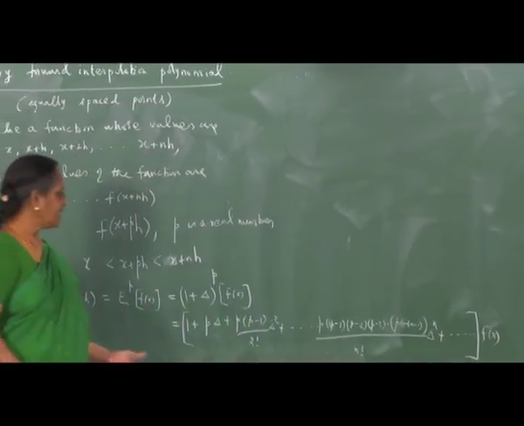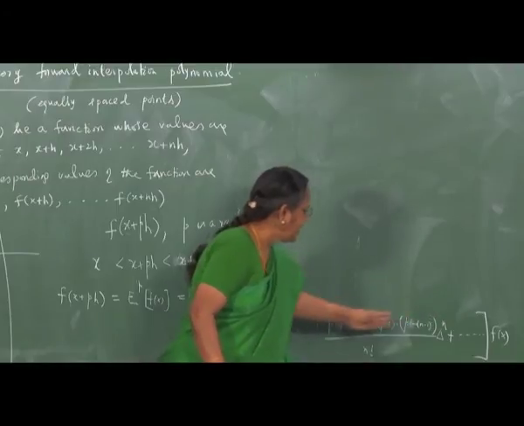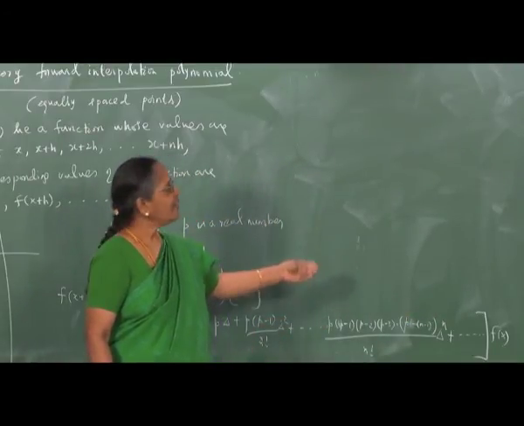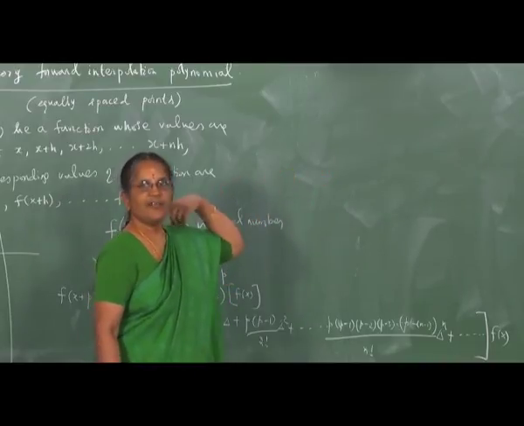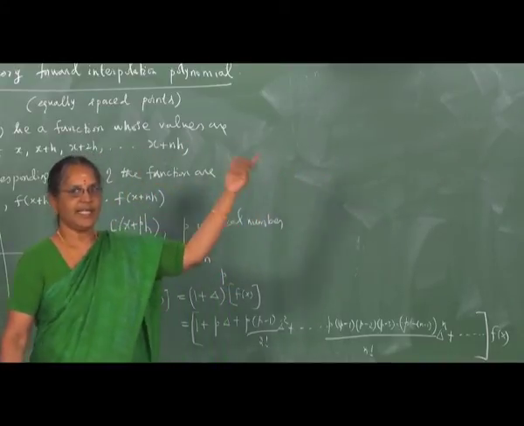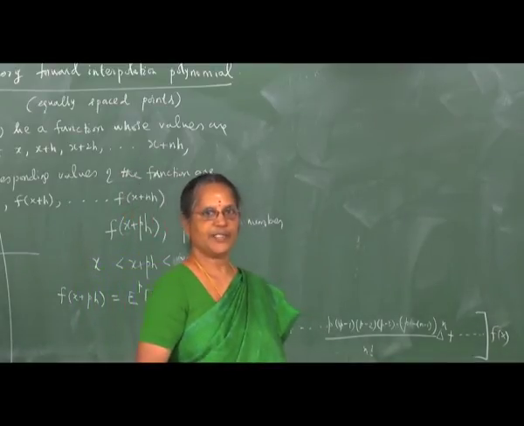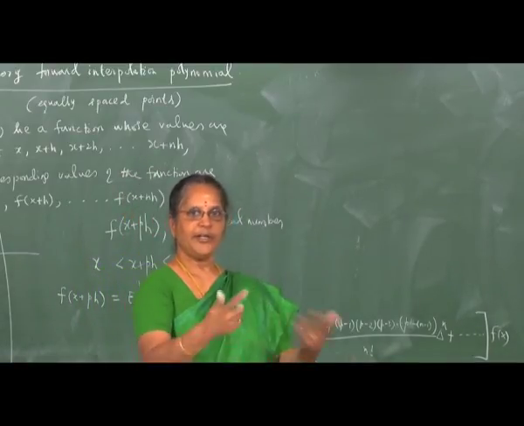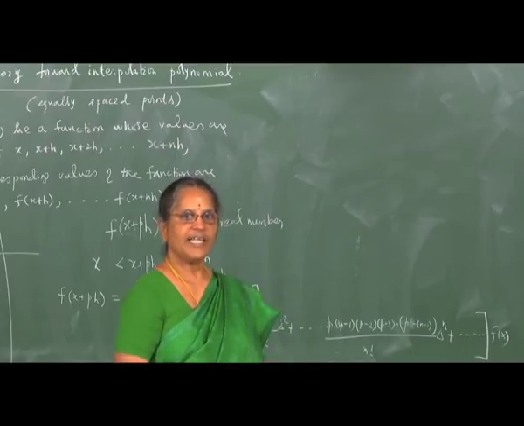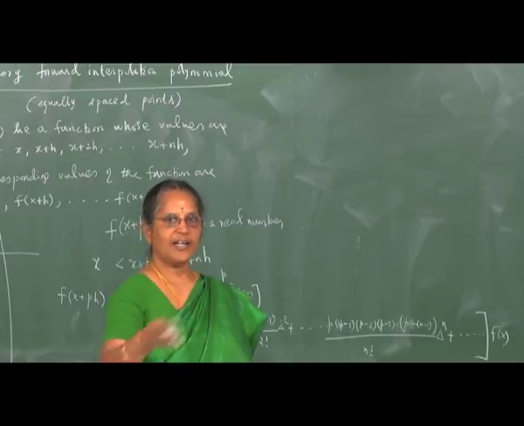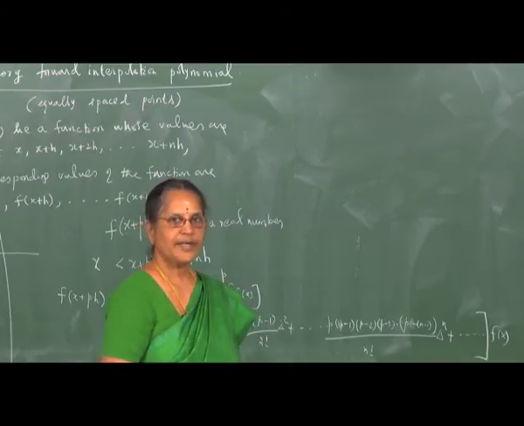So, the question is, how many terms will appear in this expansion? We have already seen from our forward difference table which we formed for a set of 5 values that we can fit a polynomial of degree 4, and the 4th order forward difference is constant and higher order differences are 0.